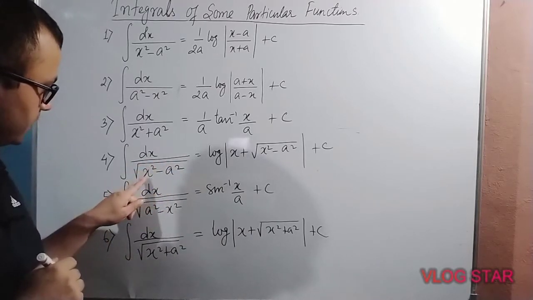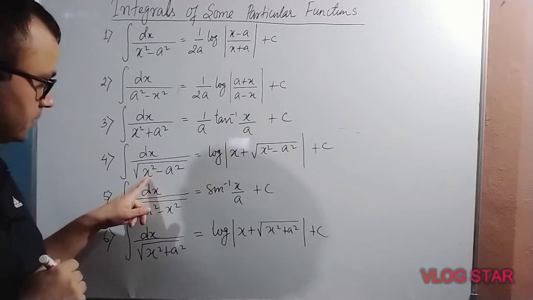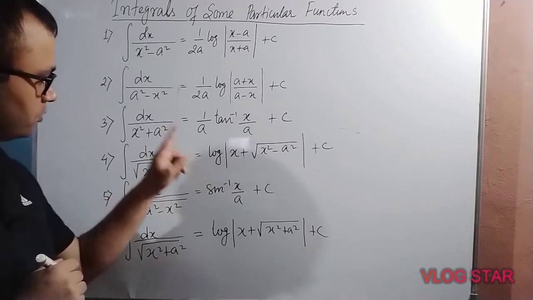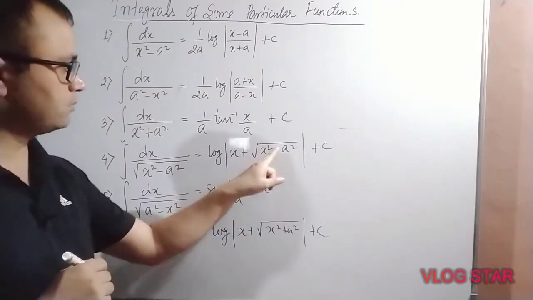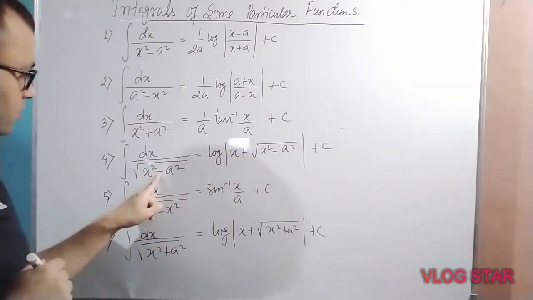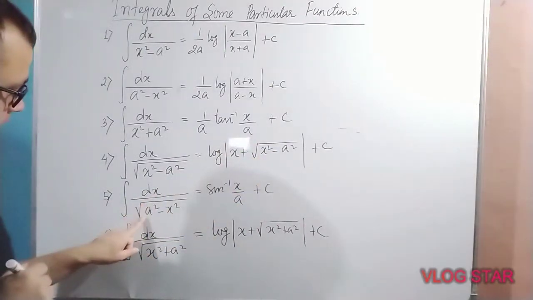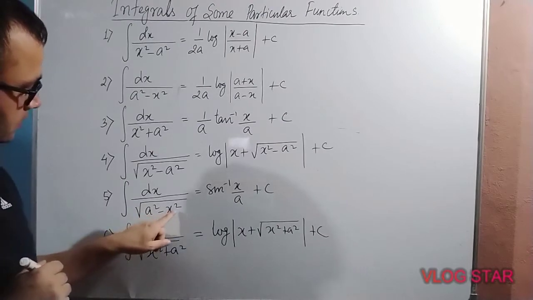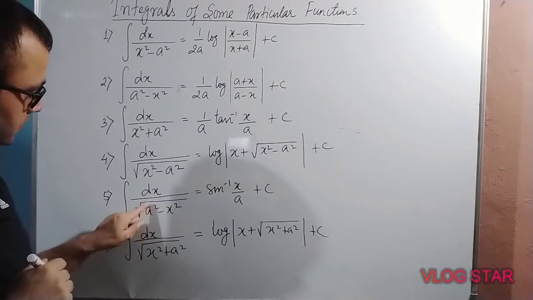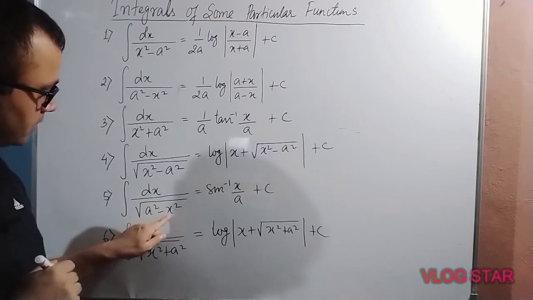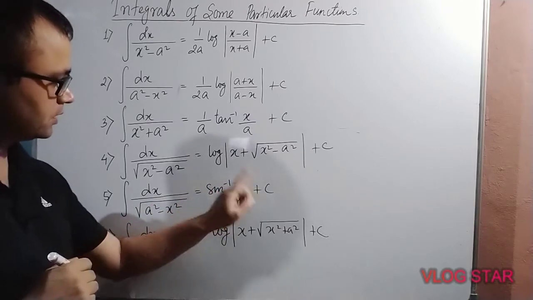If x square is at the starting, then the formula will be log of x plus root under x square minus a square, or if there is plus, you have to put plus here. In the case of a square minus x square, where the starting function is a square minus x square, the formula will be sine inverse x by a, plus c.